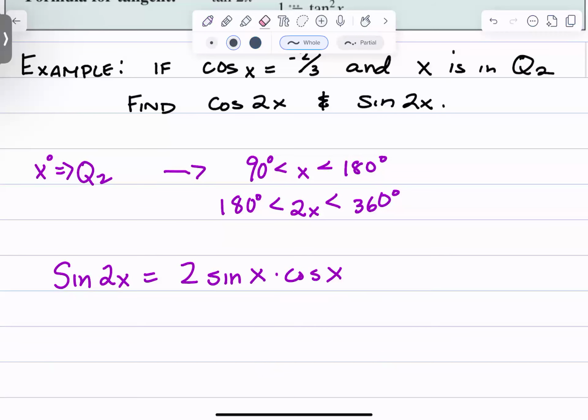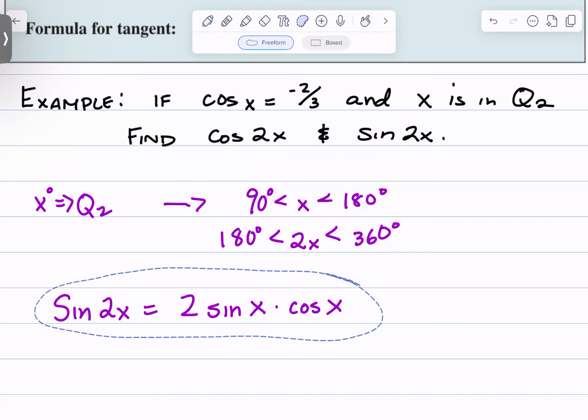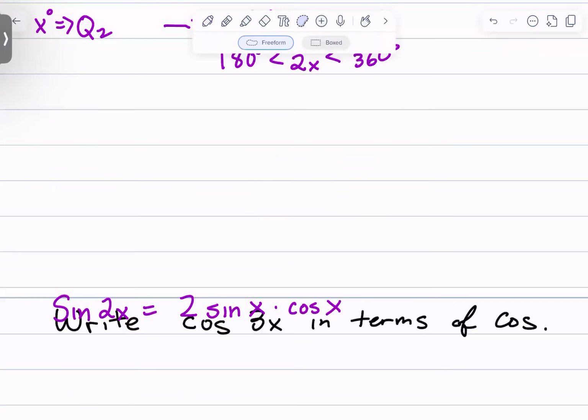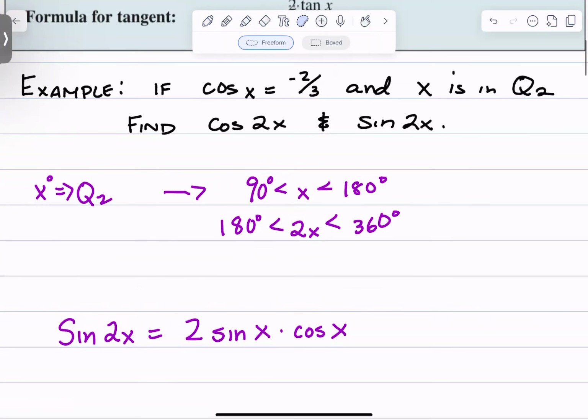So I do need the value of sine, right? How do I figure that out? How would I figure out the sine of x if cosine of x equals negative 2/3 in the second quadrant?